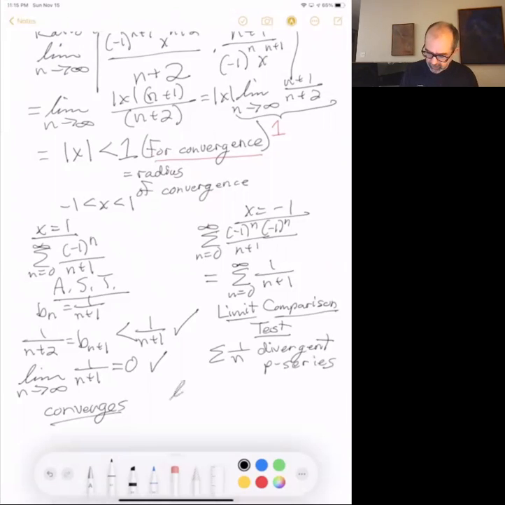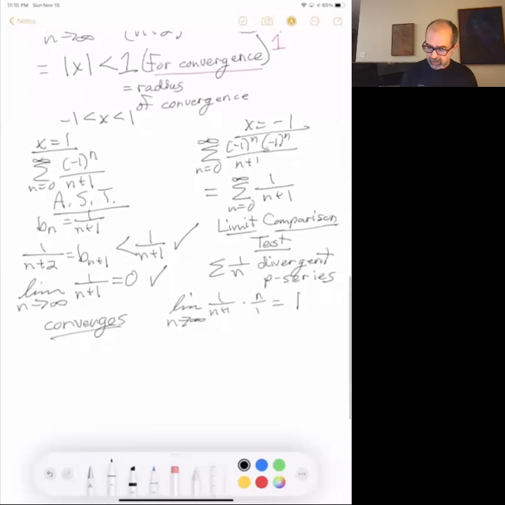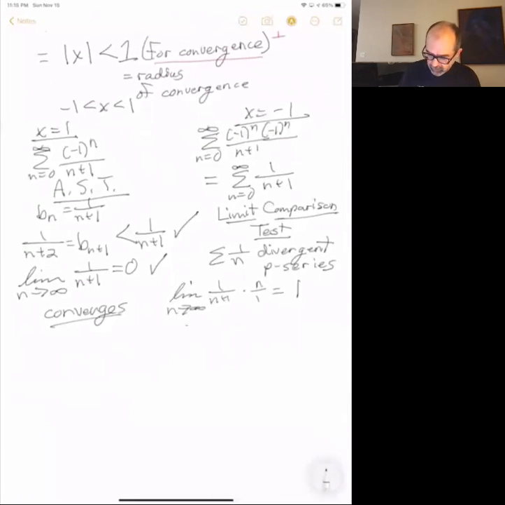And if we take the limit as n goes to infinity of 1 over n plus 1 times n over 1, that's going to be just 1. So the limit comparison test applies. So this implies both series diverge. And the interval of convergence in this particular case, I'm going to not include negative 1, but I am going to include positive 1.